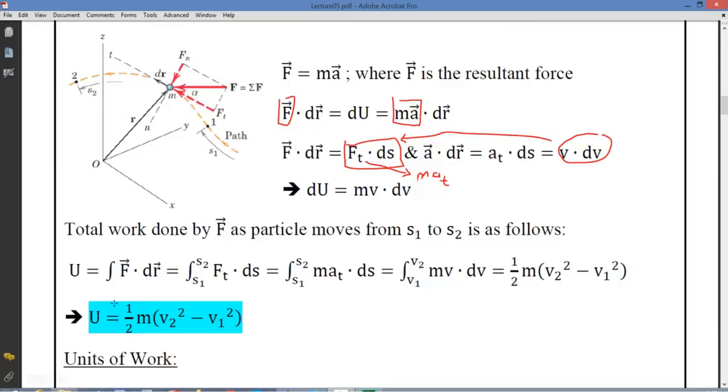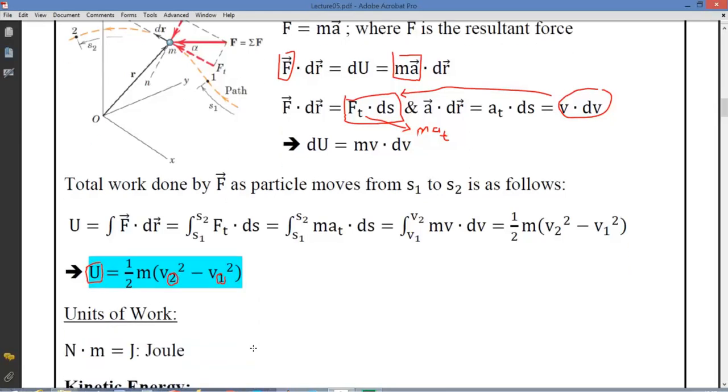We will later call this the kinetic energy. It will result in the change of the kinetic energy, but at the moment you can just define it as the total work done on this particle, which is U, results in the change of velocity from the first condition to the second condition.